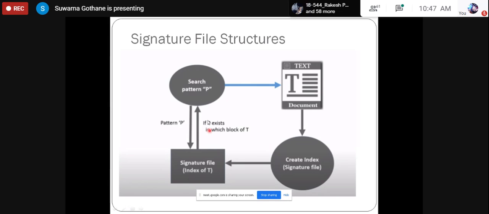If it is not available, it will not return anything to the user. If the pattern of your search is available and matches the index, then the system, or the document database or data structure, will forward it to the client. If it is not available, then it cannot forward it. So if it exists, it will find it.